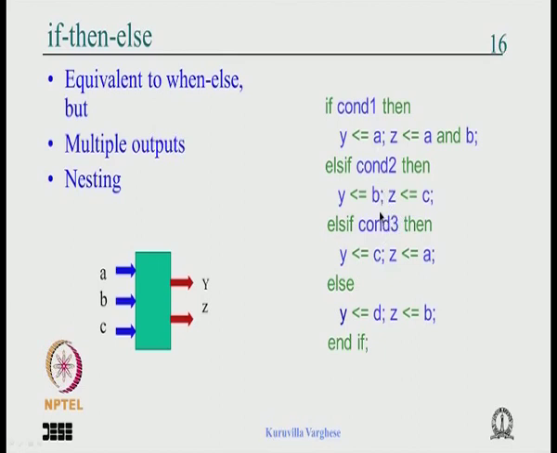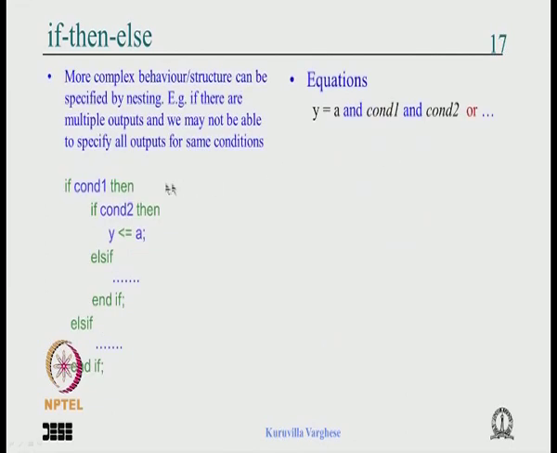But in real life it may happen that it is not so neat, you cannot assign Z for all these conditions, maybe a subset of conditions only work for Z and so on. So in such a case you can use the nesting. You say if condition 1, then you can write the Z straight away here, that condition 1 is applicable to Z, but Y has a restricted condition, and that can be split and specified in condition 2.